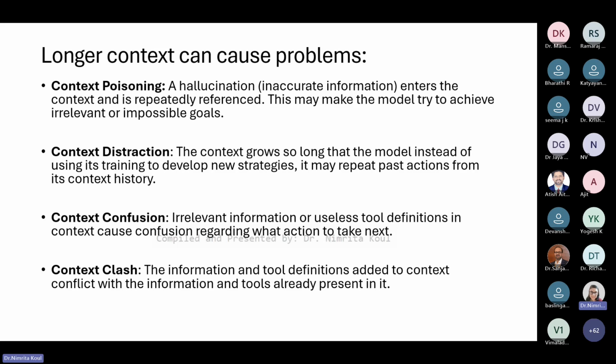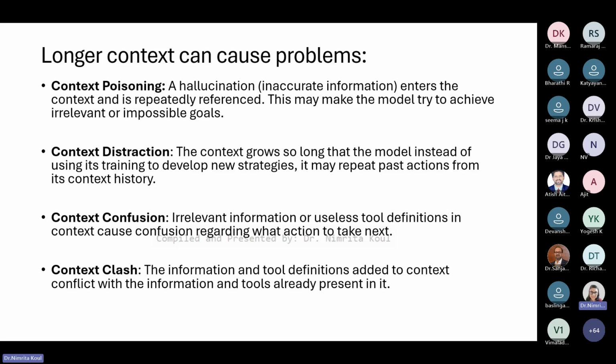The four very prominent problems are context poisoning, context distraction, context confusion, and context clash. Context poisoning means a hallucination or incorrect information has entered the context, which makes the model try to achieve irrelevant goals. Or your context is so long that the model is now ignoring whatever it learned during its pre-training or post-training, and it is entirely focusing on the context.